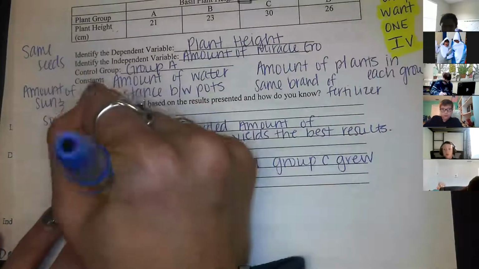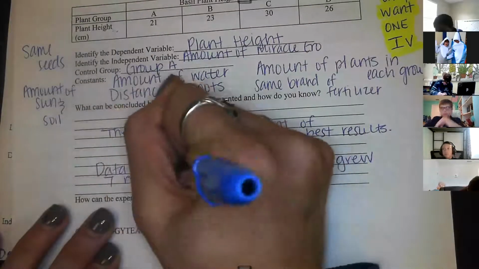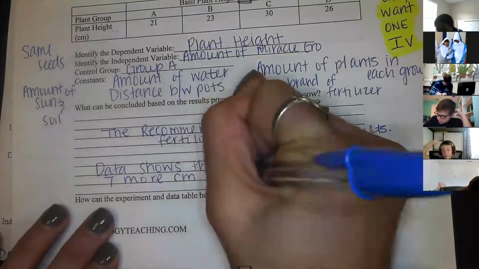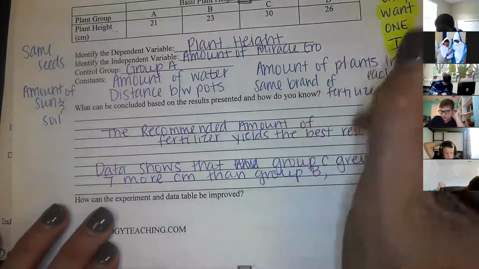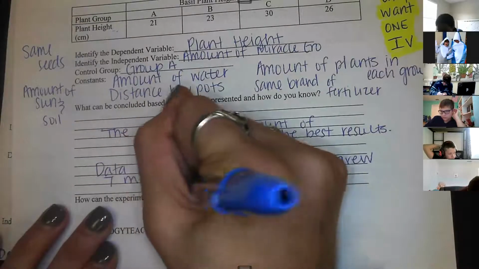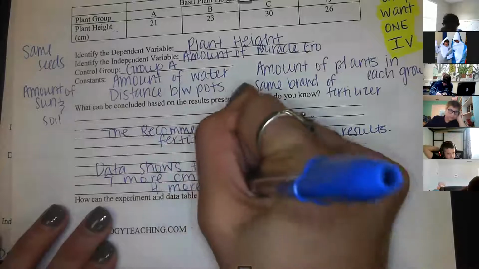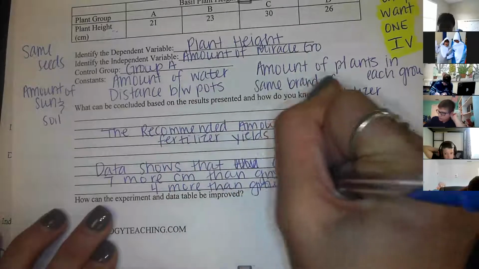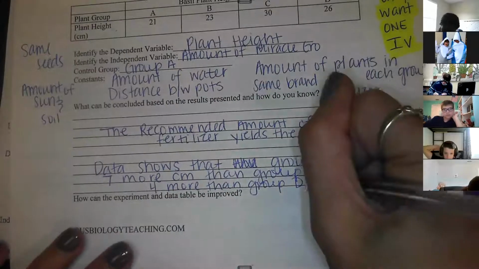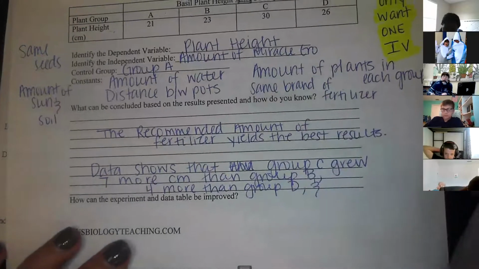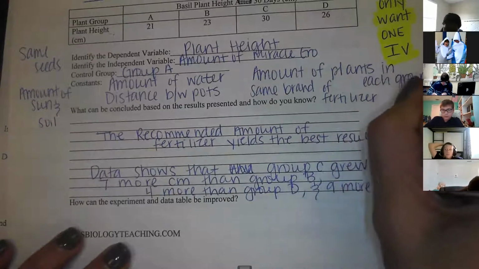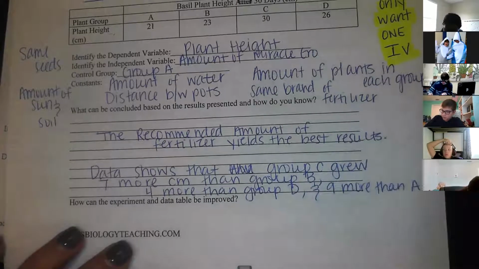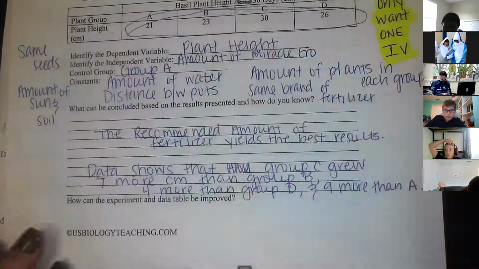So 7 more centimeters than group B. Four more than group D, and how many more than A? 9 more than A. But do you see how I'm using my data? I'm referring to my data table to back up my answer.